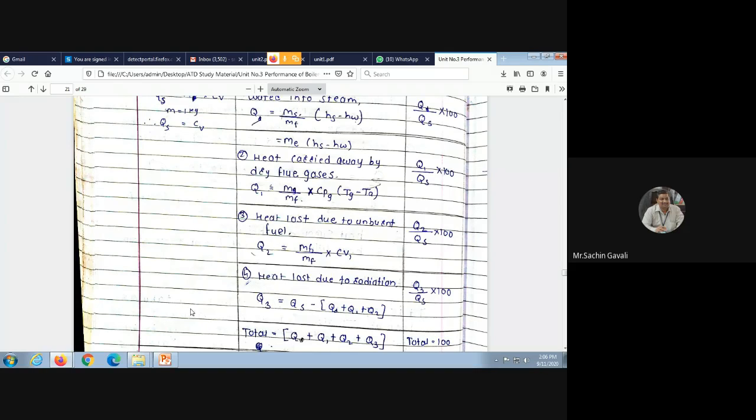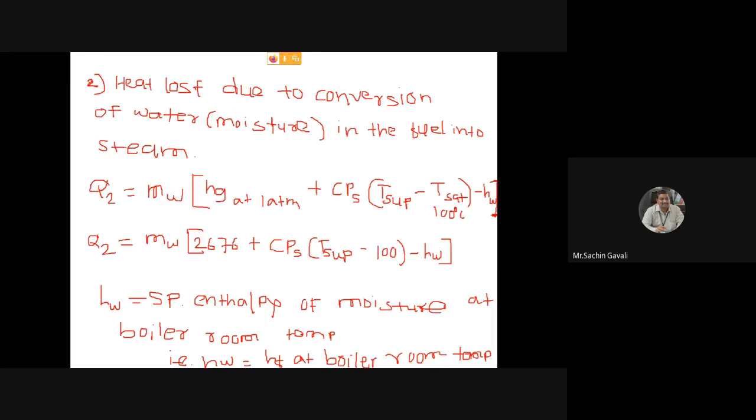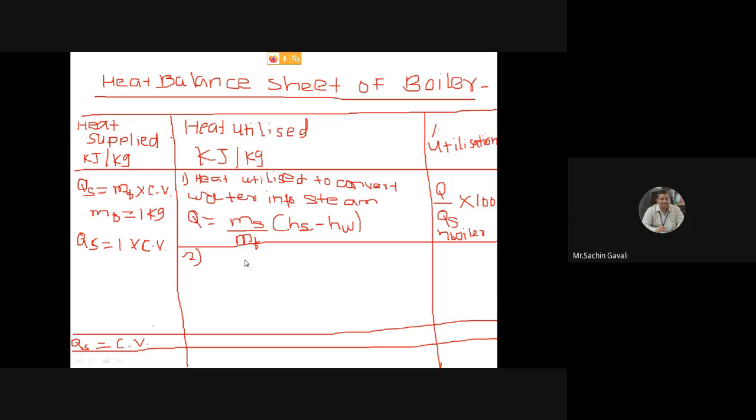Then here we are getting the total. Like this, you write down QS, a total column is there.